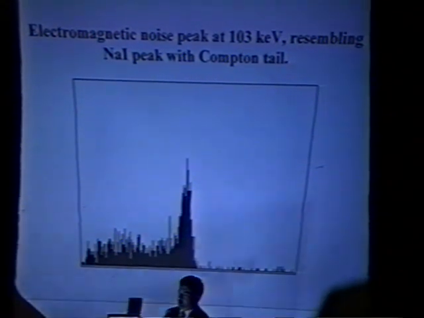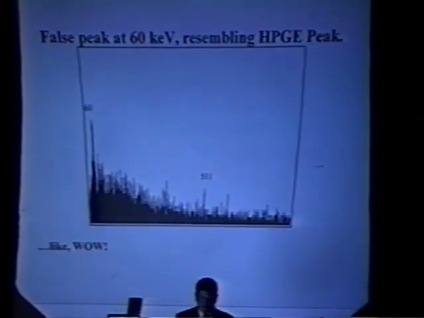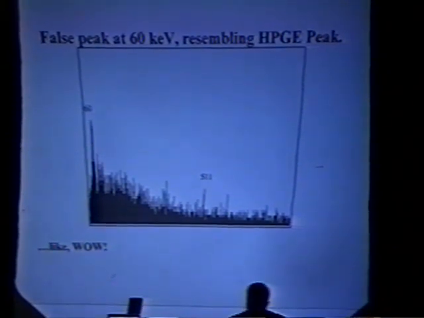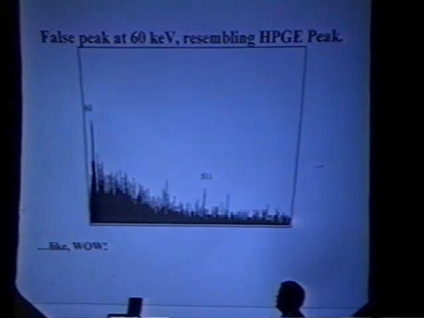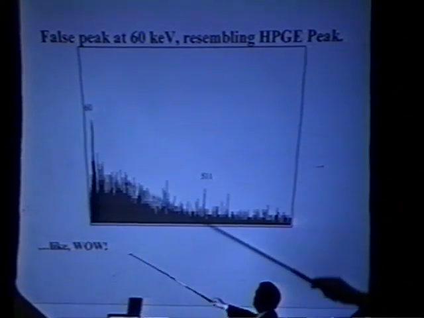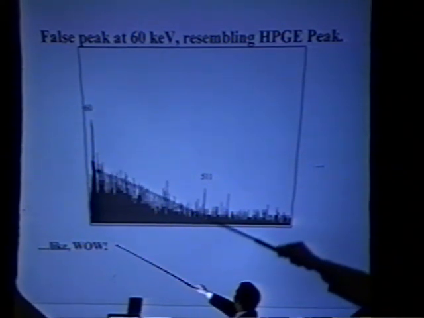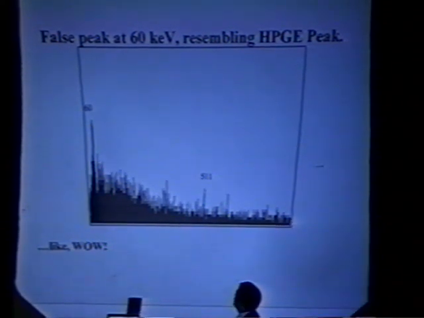And this is one of my masterpieces. This requires quite a bit of skill to screw up this badly, but this was also done with a plasma experiment. And man, this looks like a real high purity germanium detector peak.